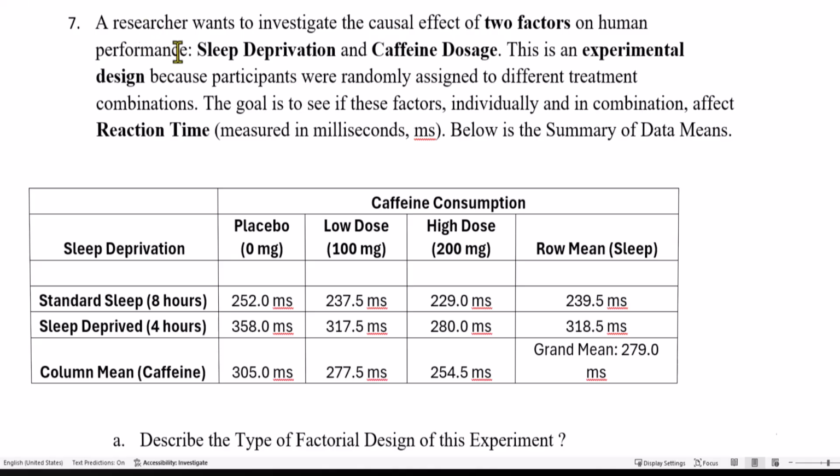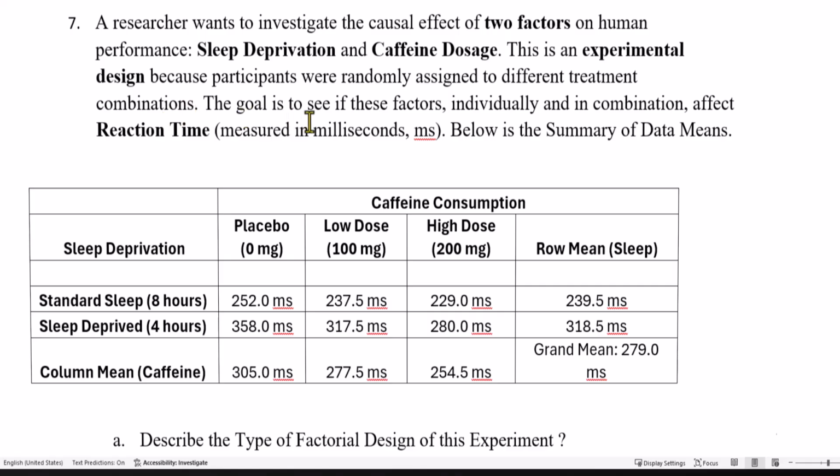It says here, a researcher wants to investigate the causal effect of two factors on human performance. Sleep deprivation is the first factor and caffeine dosage is the second factor. This is an experimental design because participants were randomly assigned to different treatment combinations.